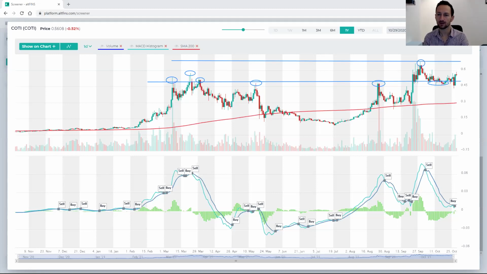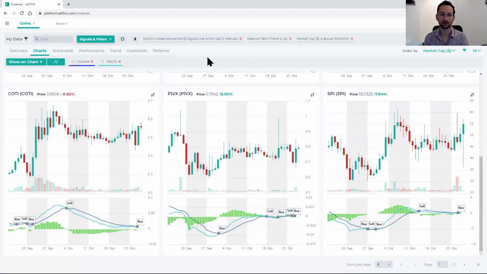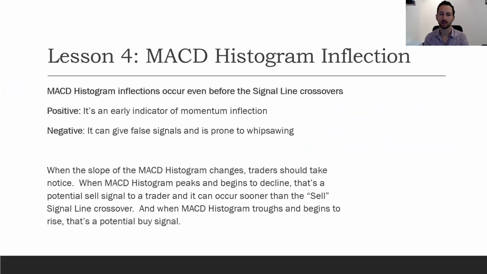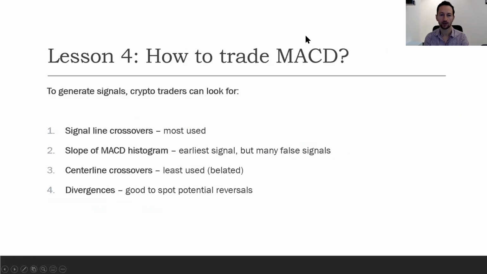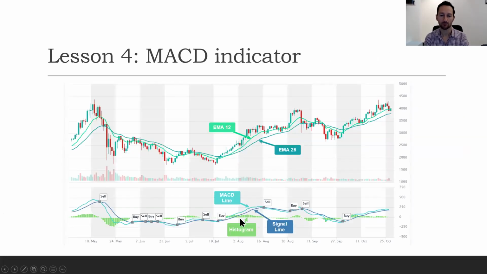Now, let's go ahead and cover one other thing before we get into the trades, which is how to utilize the MACD histogram and MACD histogram inflections. So let's get back to the slide where we explain the histogram. Remember, the histogram is the difference between the MACD line and the signal line.